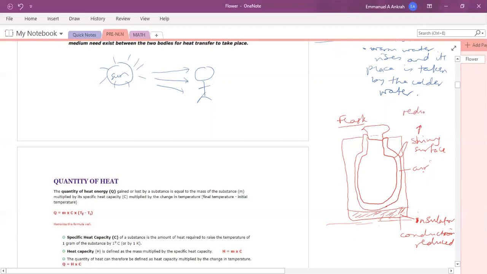The heat is reflected into the inside part instead of going outside, because of the reflection inside. So this is how they reduce heat loss. They try to reduce heat loss by the three methods that we just described in the flask.